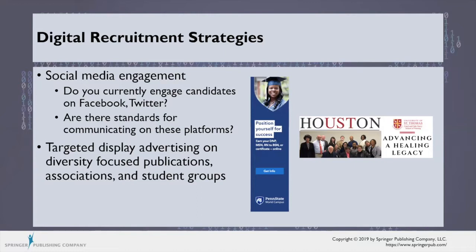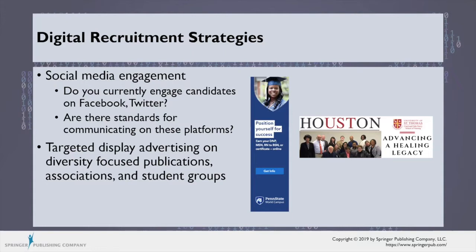Is it a matter of just posting a press release or having your blog feed go to these sites, or is it really having a dialogue and creating communication, or just creating a comfortable place for candidates to speak to you about what it's like to enroll or to start at a hospital system and work in that environment? So I think it's really important to think of it in that manner.